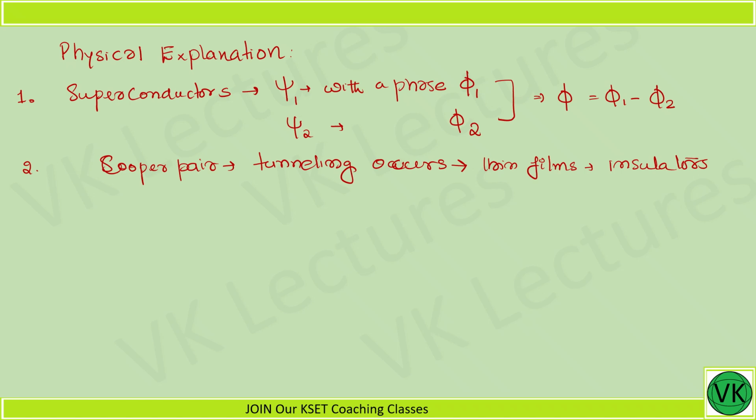This Cooper pair tunneling effect will contribute to a steady current. So this is how it works. Superconductors with different phase, then the Cooper pairs' tunneling effect occurs between the two states. It penetrates through the thin films, causing a steady current flow.